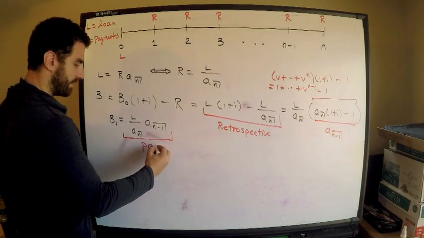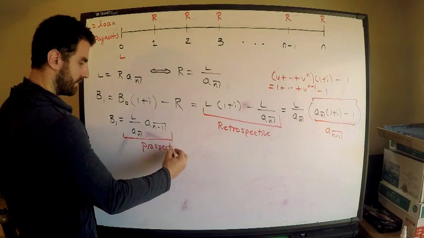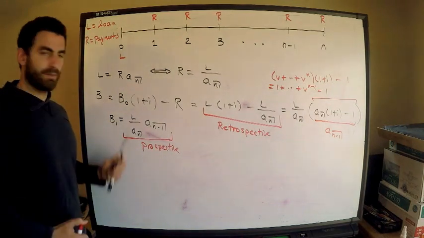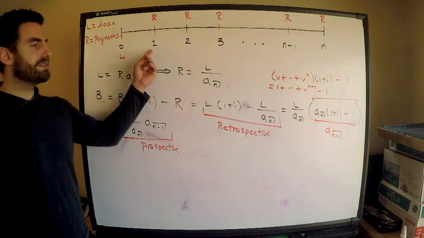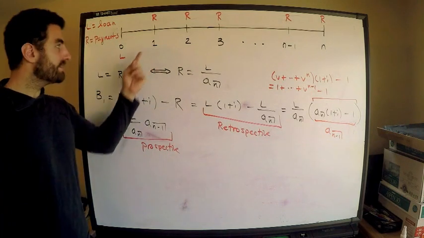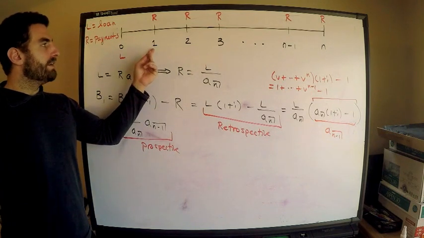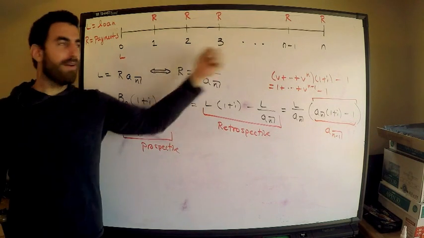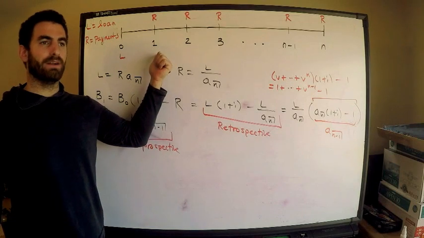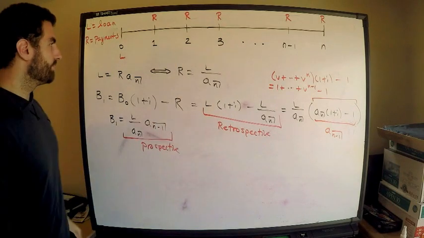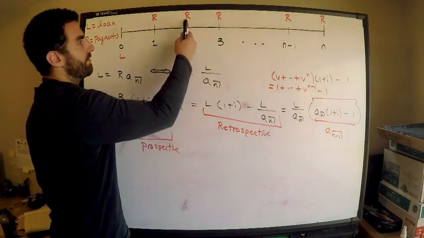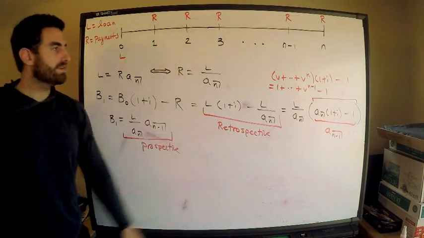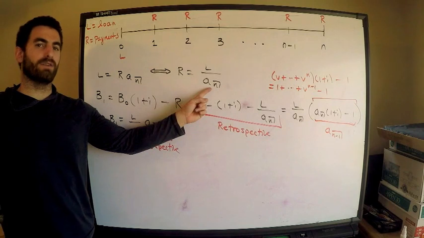Now let me explain why that is. This is the prospective method, and the reason is, think about what I'm saying here. What's another way of saying what the balance of year 1 is? The balance of year 1 is just, what do I have to pay after 1? I made the payment here. What I have to pay after this is this, this, this. So I'm taking the present value of all those. Well, R is equal to L over a angle n.